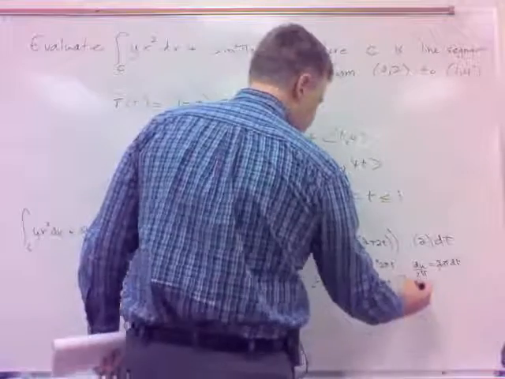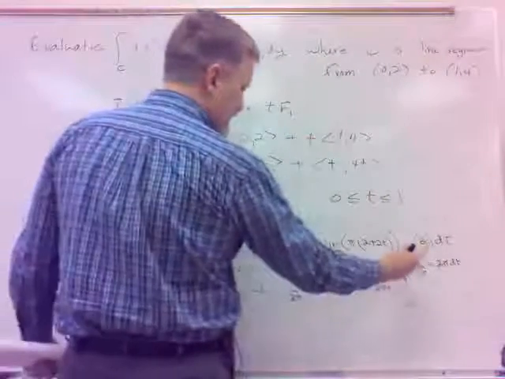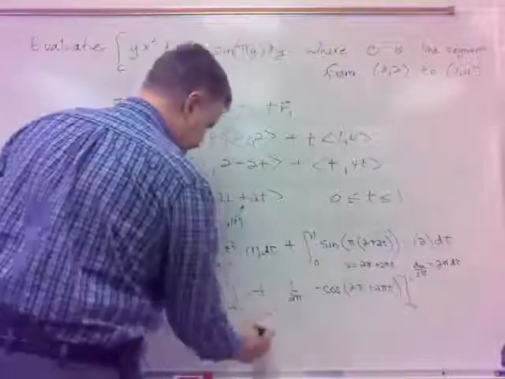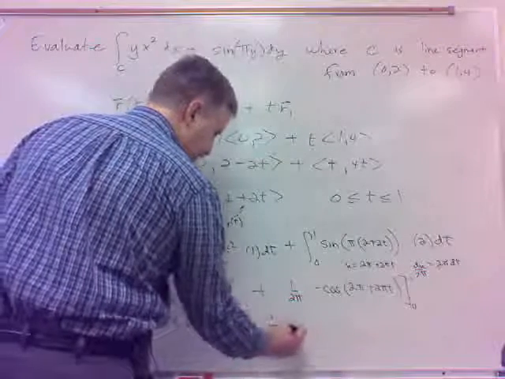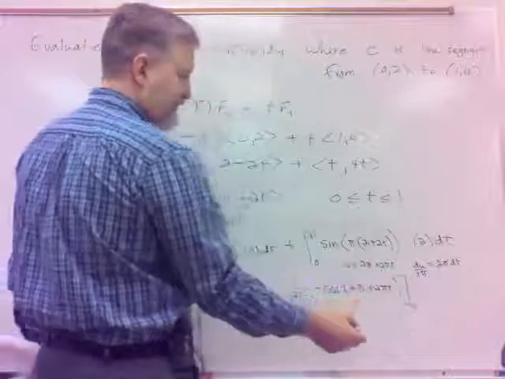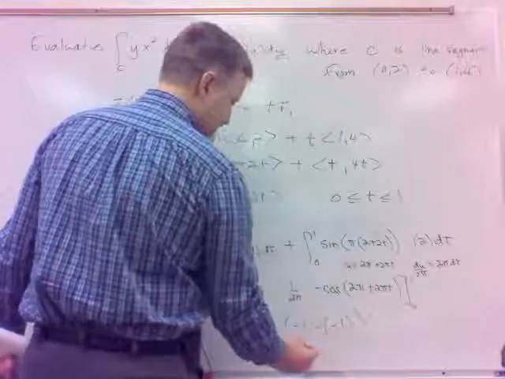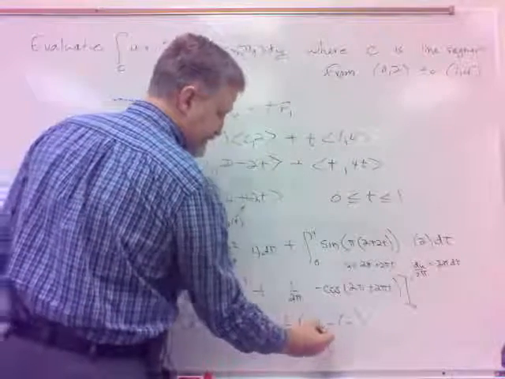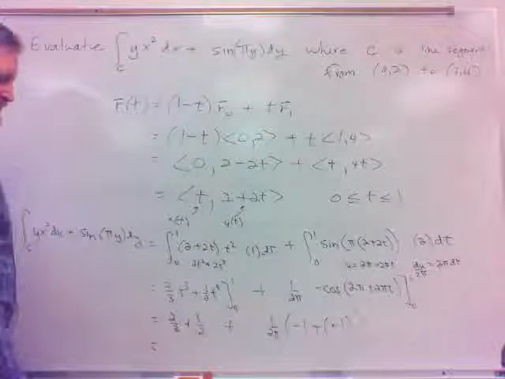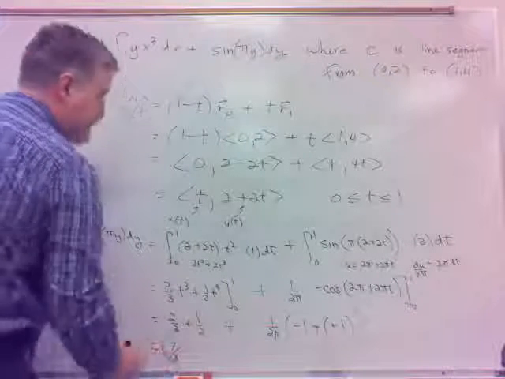And we're going to go from 0 to 1. And look at that. Plug in the 1, cosine of 4 pi, negative 1, minus, plug in 0, you have cosine of 2 pi, negative 1 again, so that's just 0. Right? So it's 2/3 plus a half. I believe it's 7/6. Okay?